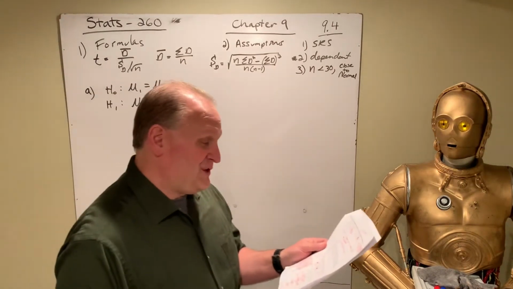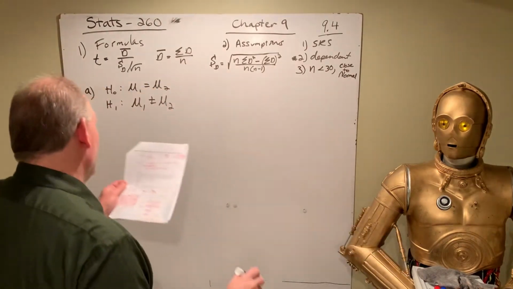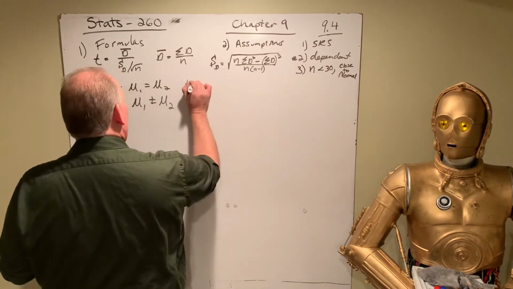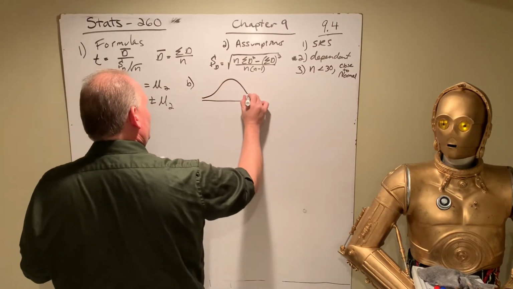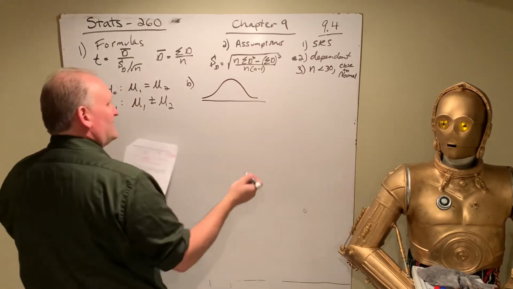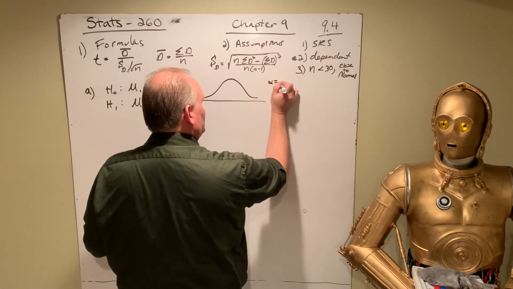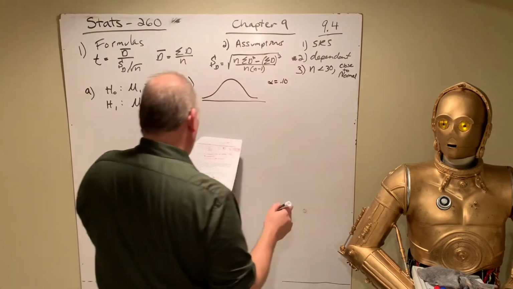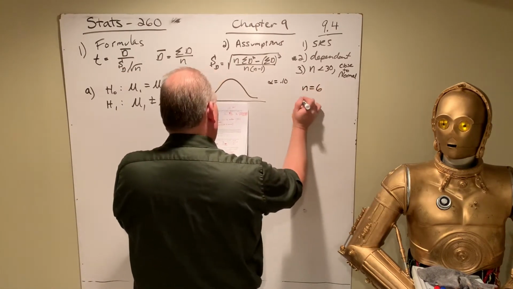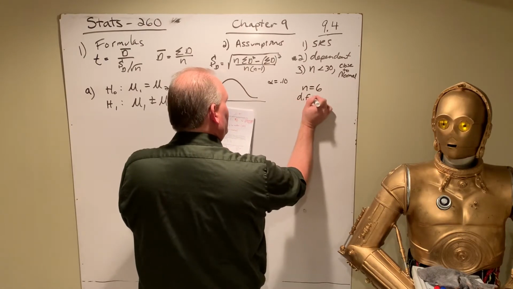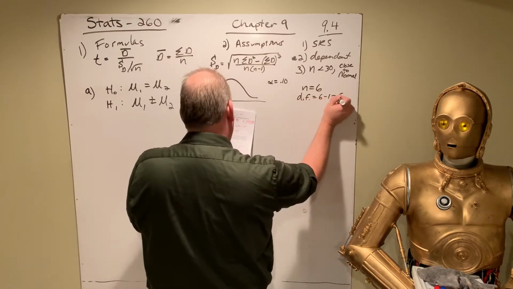They're just looking for a change one way or another. That makes it a two-tailed test, not a one-tailed, so a two-tailed test. And at the 10% significance level, n is equal to 6, and so degrees of freedom is 6 minus 1, which is 5.